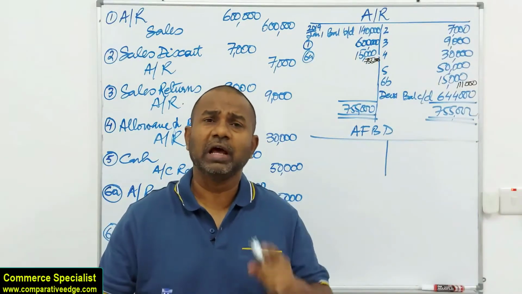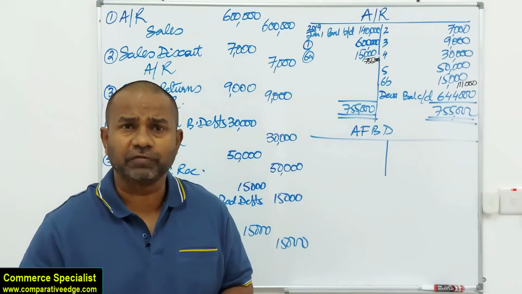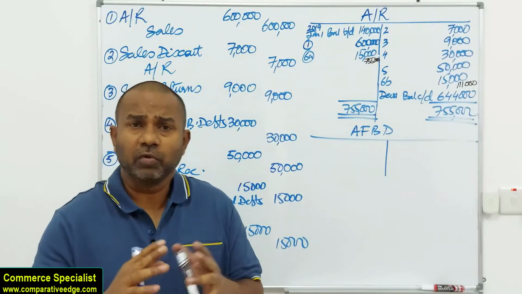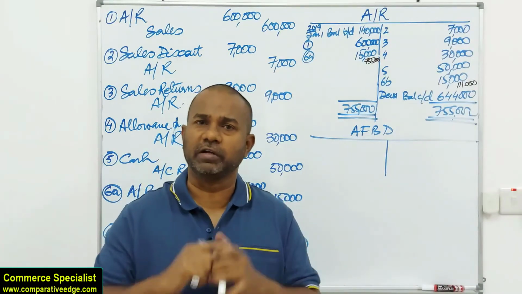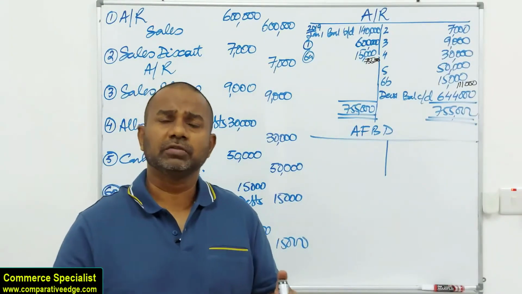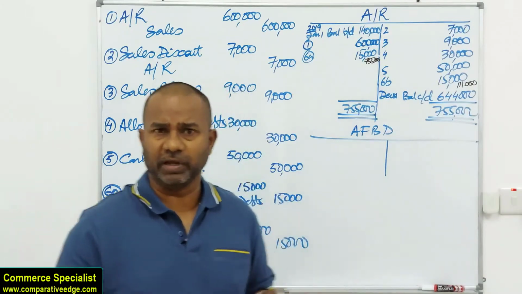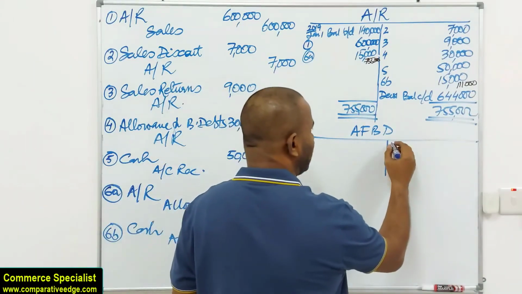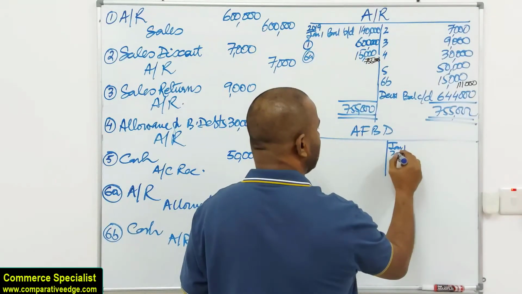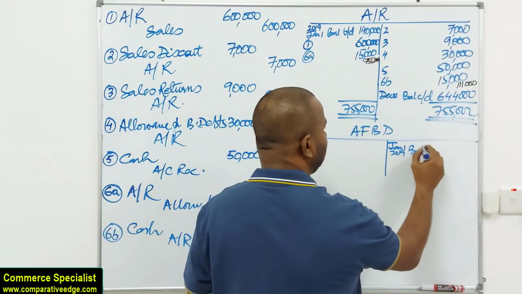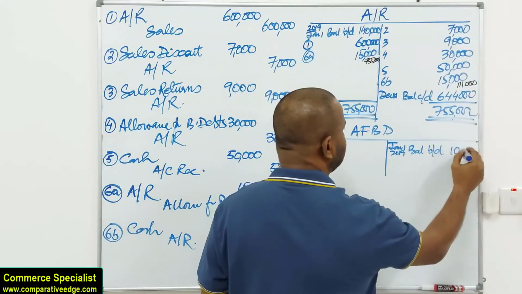In the question, allowance for bad debts has an opening balance of 10,000. And nothing was mentioned whether it's a debit or credit. So we assume it's a credit balance, because all allowances, all provisions normally have a credit balance. So I'm writing here January 1st, 2019, balance brought down 10,000 on the credit side.